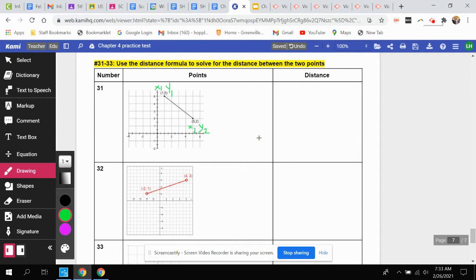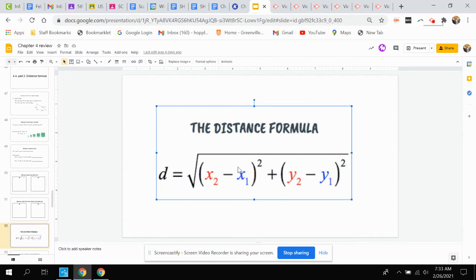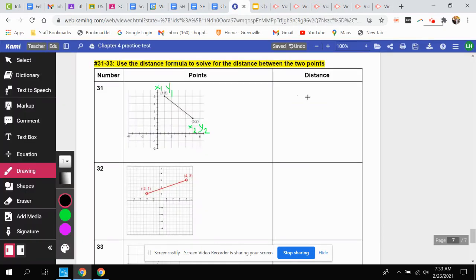Now I'm just going to set up my equation using those points. I'm going to see if I can just copy and paste the distance formula into my box. It doesn't look like it'll let me, so I'll have to rewrite it all. So D equals the square root of x2 minus x1 squared plus y2 minus, I'm running out of room.